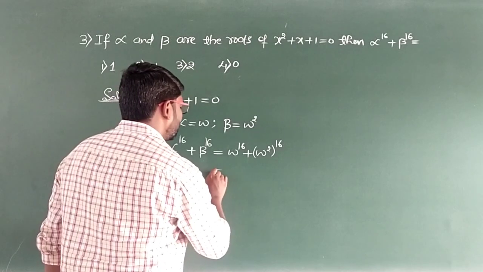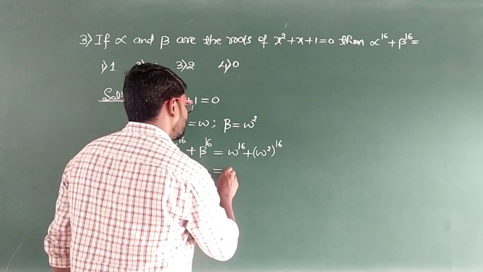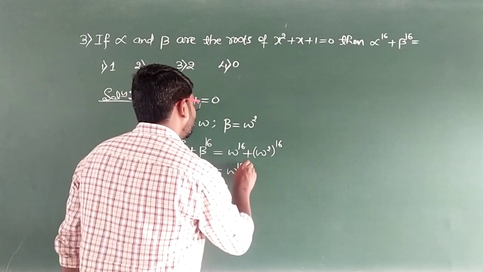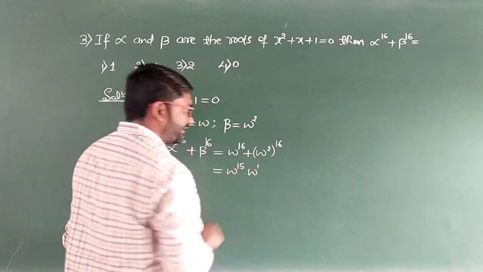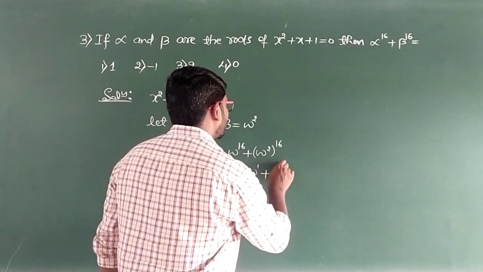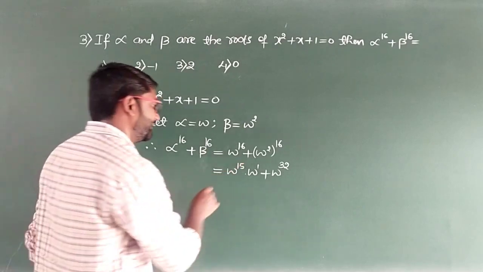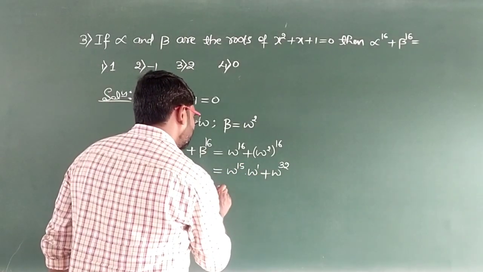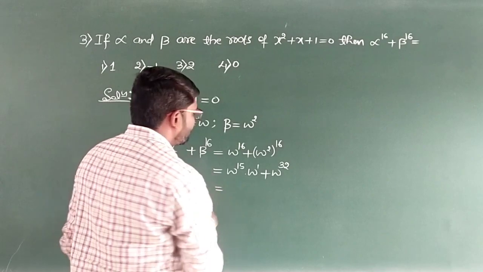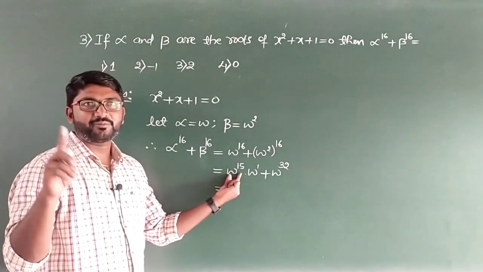So now I will write this as omega to the power 15 into omega to the power 1, plus omega to the power 32. So here, what is the value of omega to the power 15? Omega cube is always 1.